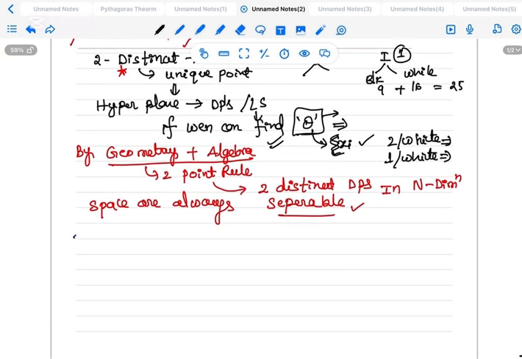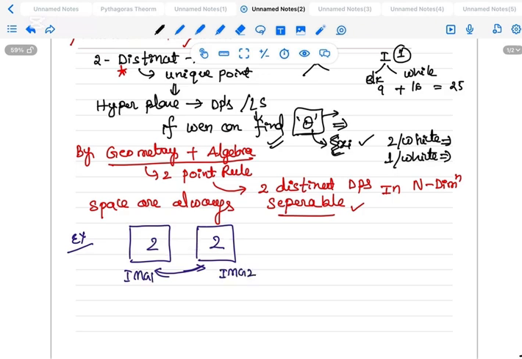For example, in the same question, if the given two images are the same, if both images are identical, that is x1 equals x2, these are not separable.